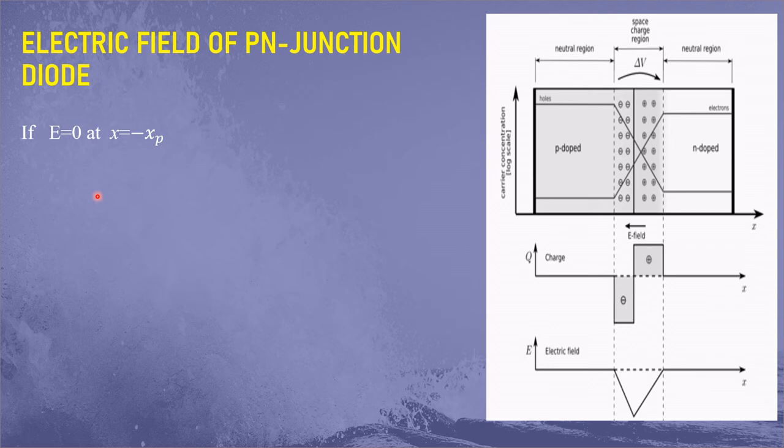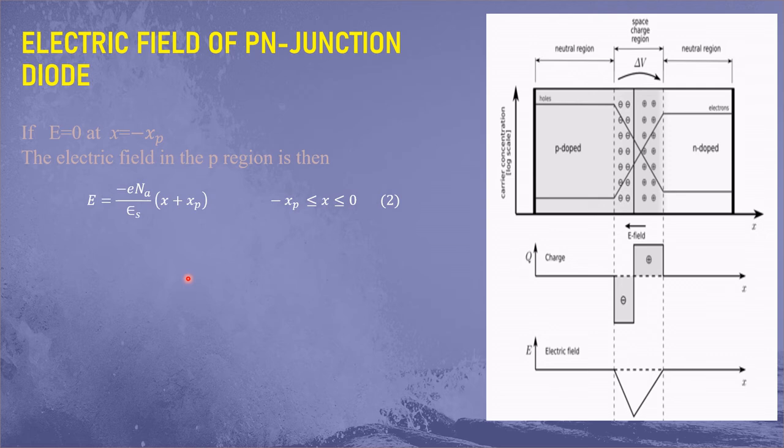So the electric field in the P region is then given by E equal to minus ENA divided by epsilon s times x plus xp, and the limit is this. This is equation 2.